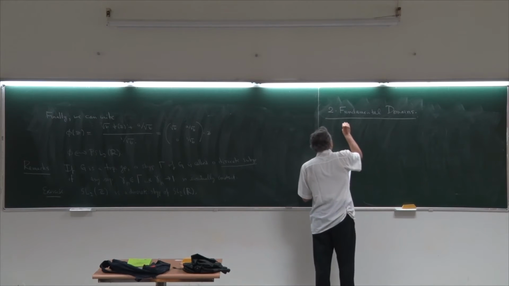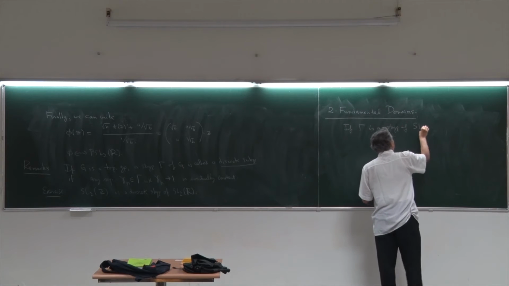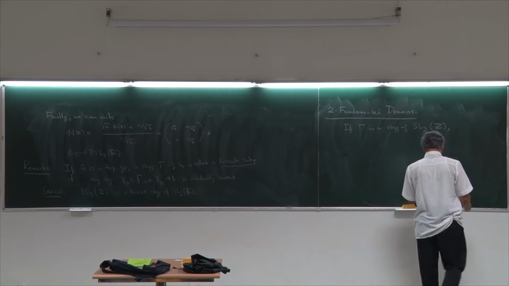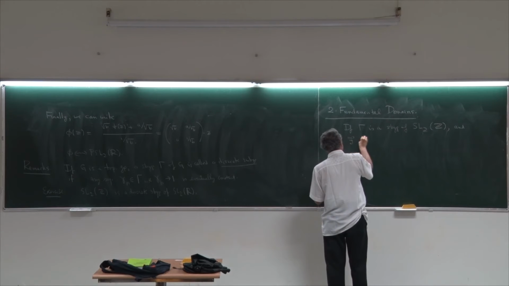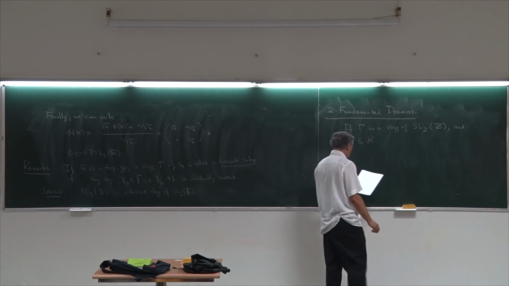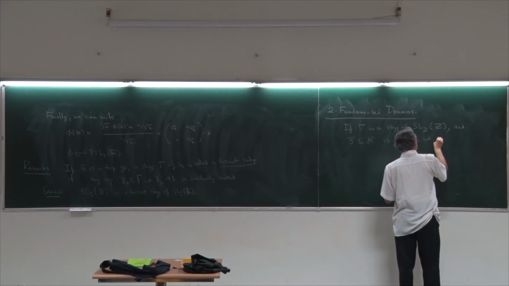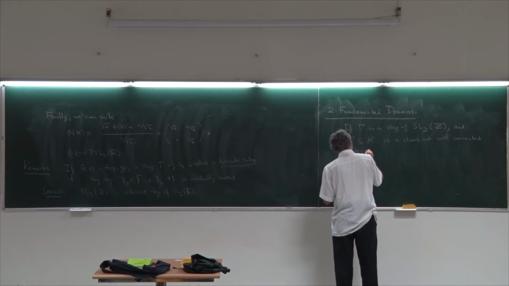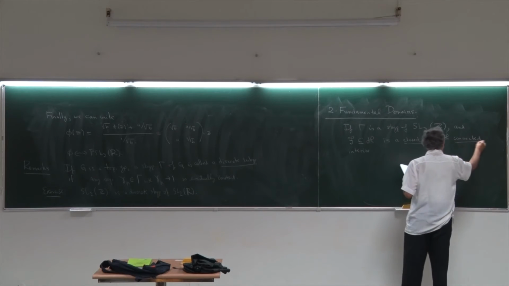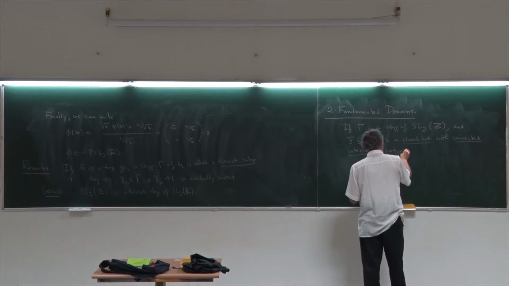So here's the formal definition. If gamma is a subgroup of SL2Z, and F is a subset, a closed subset with connected interior, satisfying three properties.